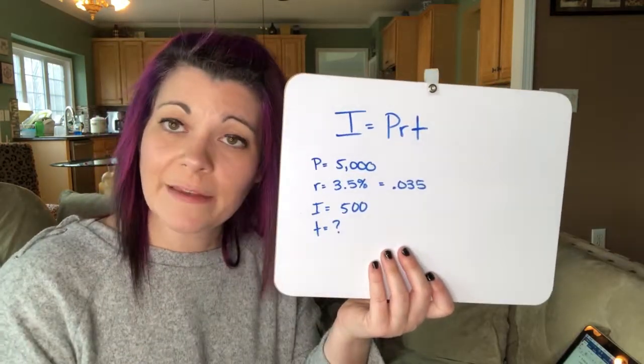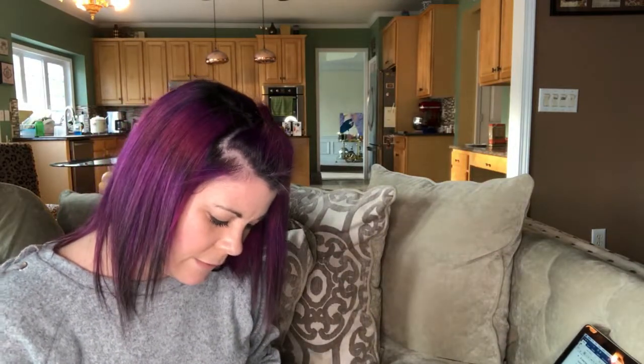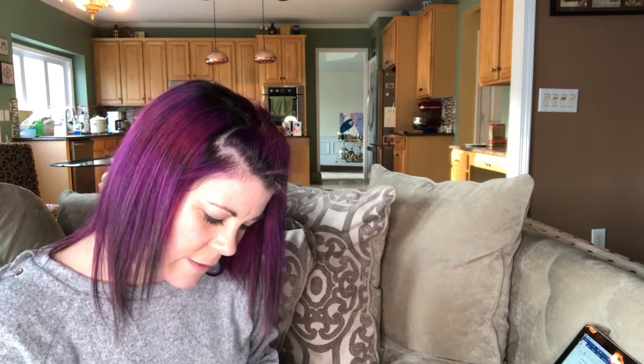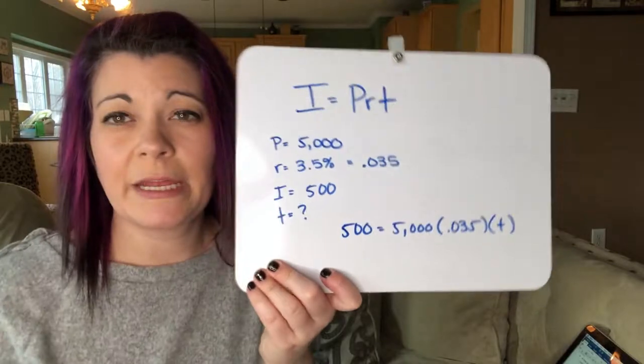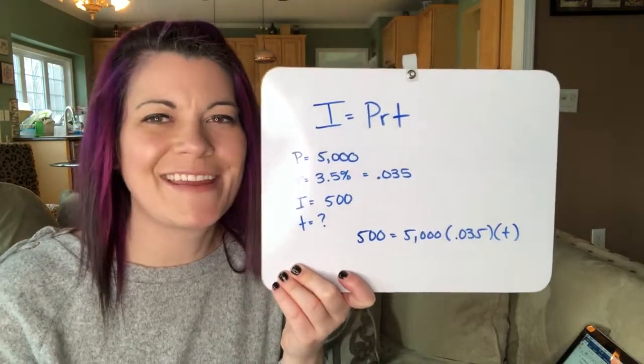So in this case, we're finding T. I'm going to take all my answers and plug them in here. So I is 500, P is 5,000, times R is 0.035, times T, which we don't know, so I'm just going to leave it as T. Now I have an equation and I'm going to solve it. If you need help solving equations, go and watch the solving equations video.